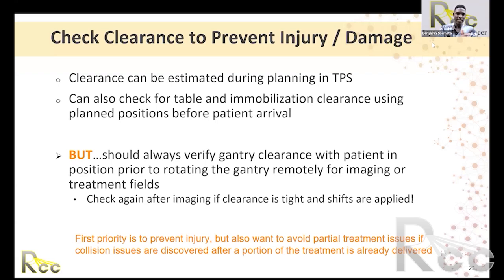The gantry crashed into that stool and the machine broke down for literally the entire year. It went all over the news. So this is something very, very important to look out for. And I highly agree with this.